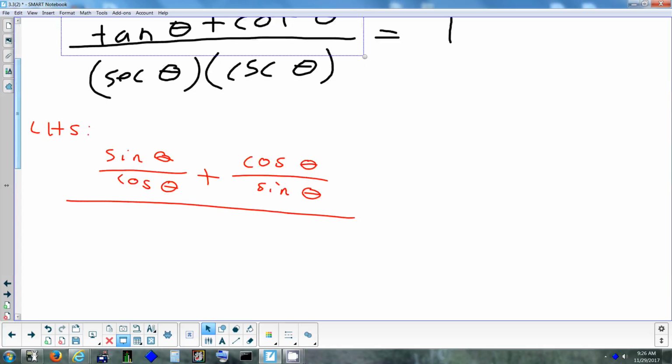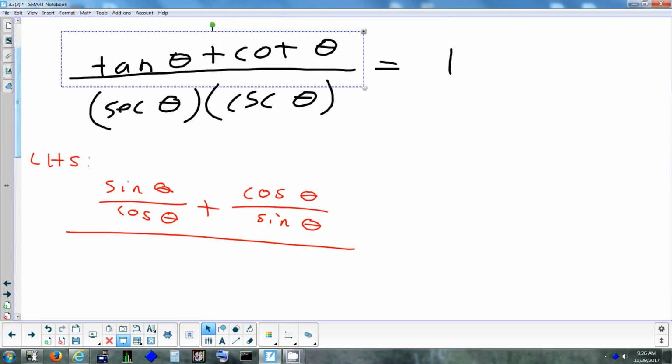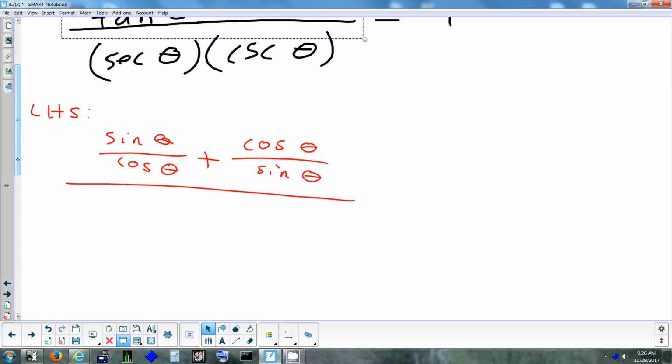Now, just to give you an idea of my thoughts as I do a problem like this, I already know that I'm going to get a lot of stuff that cancels in the top. So I'm trying to decide if I should change secant and cosecant to sines and cosines. I think for now, I'm going to leave it as secant and cosecant.